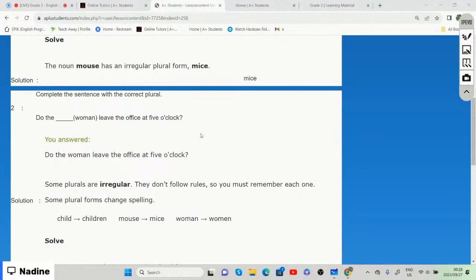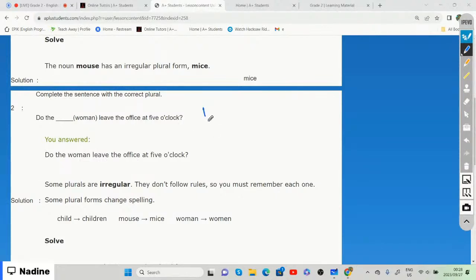All right, so which means that if we make the word in bracket plural, then we're going to say it is women, right? Women refers to it being more than one. So women. So do women leave the office at 5 o'clock?